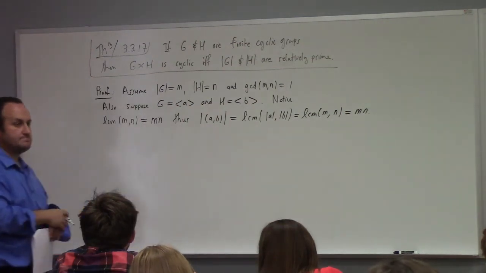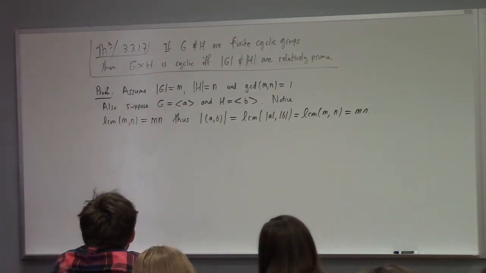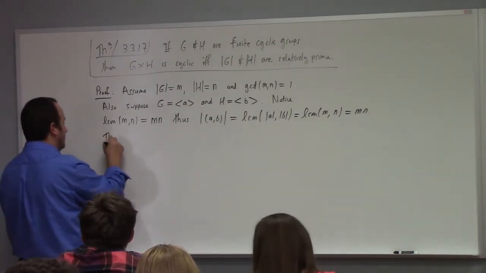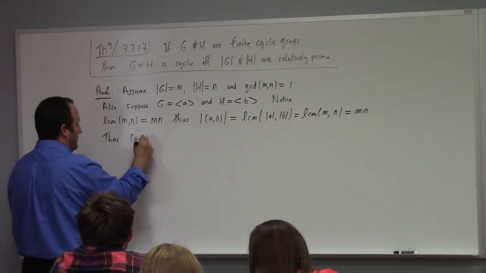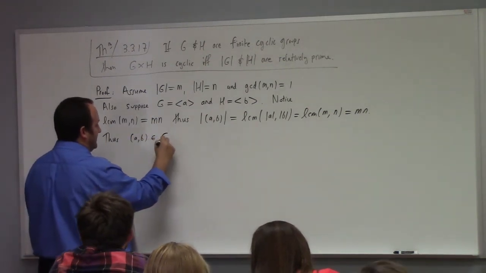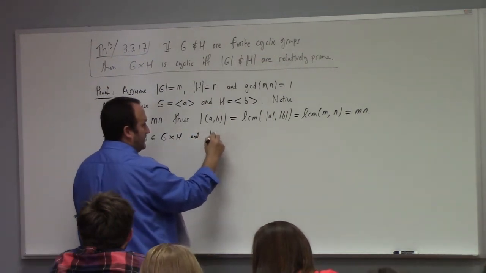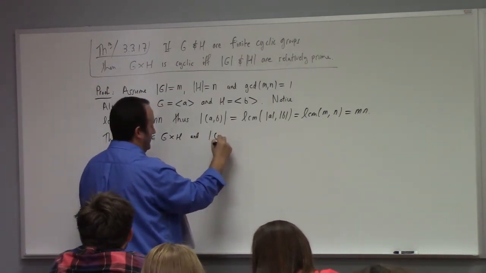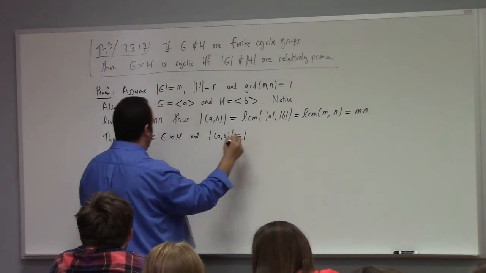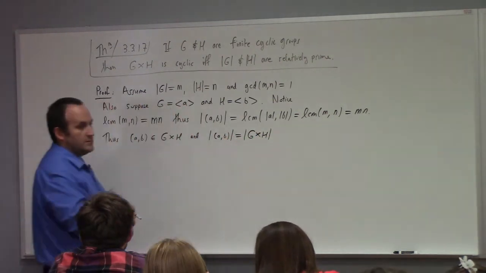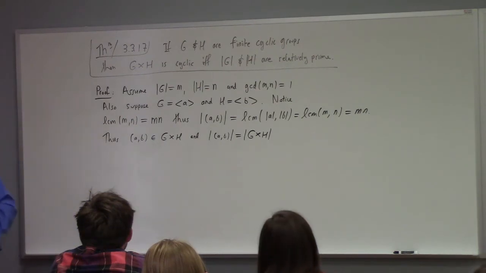So what do we have? We have an element of order MN, right? Thus, (A, B) is an element of the Cartesian product G cross H, and the order of the element is equal to the order of the set. What's the order of the Cartesian product of two finite sets, one of order M, one of order N?